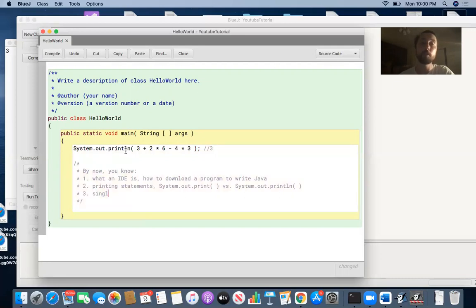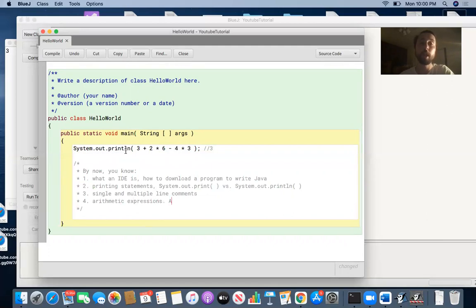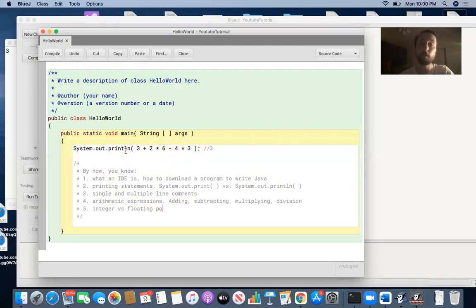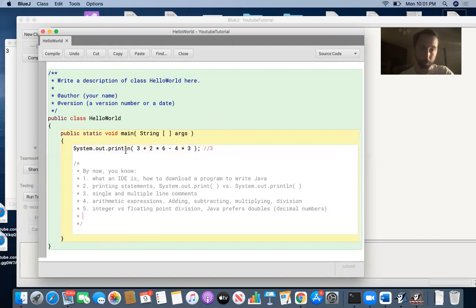You know the difference between single and multiple line comments. You know basic arithmetic expressions. So we have adding, subtracting, multiplying, and division. You know the difference between integer versus floating point division and how Java prefers doubles, which are decimal numbers, which we'll be talking more about in the next video.